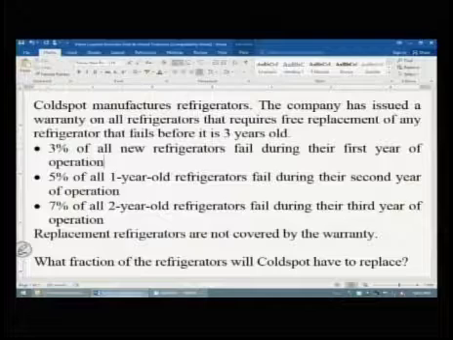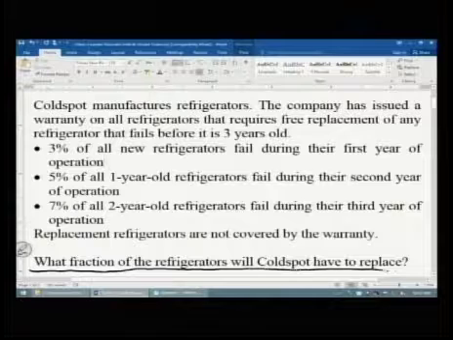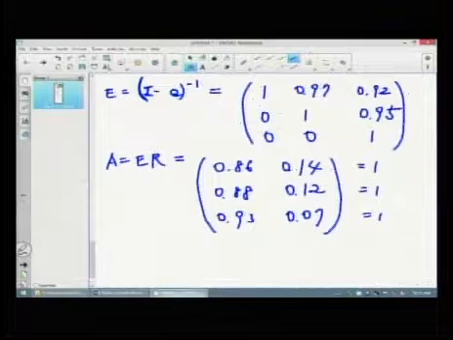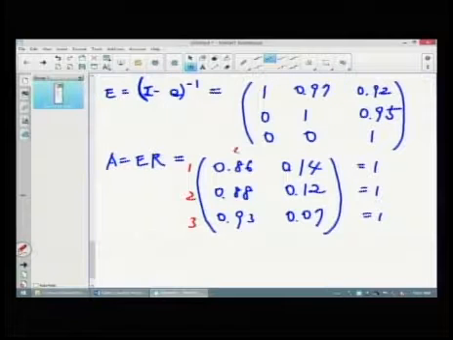So we need to answer this question. What fraction of the refrigerators will Cold Spot have to replace? So how do you answer this question? Of course, these are states 1, 2, 3, and then 4, 5, right? So what is the answer?